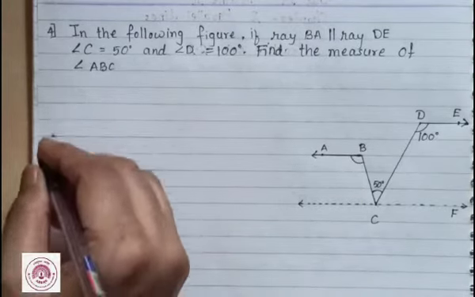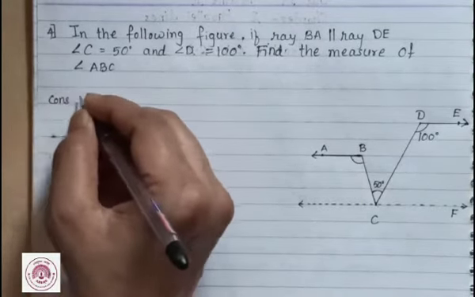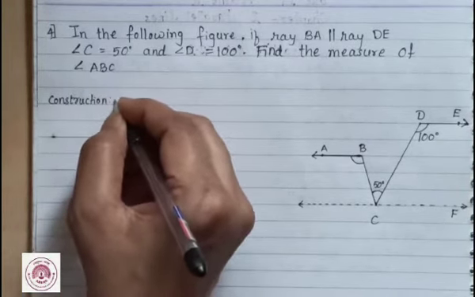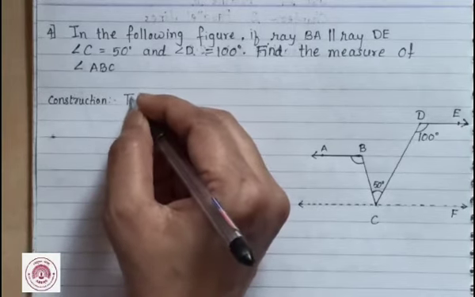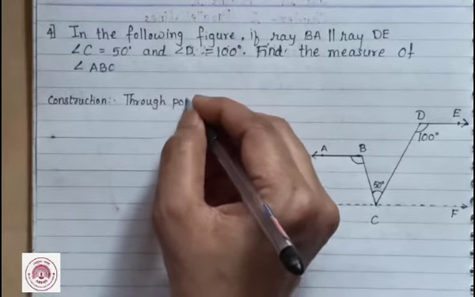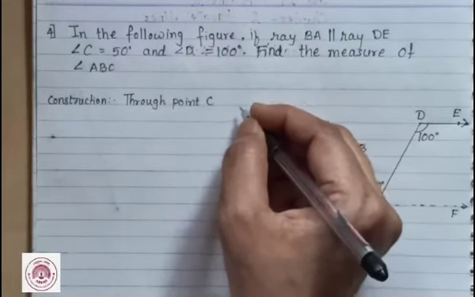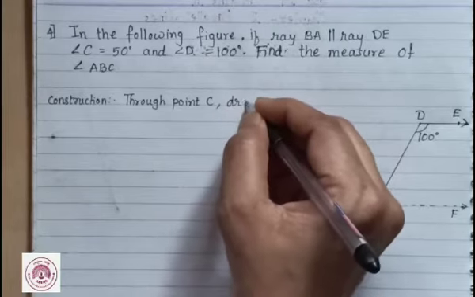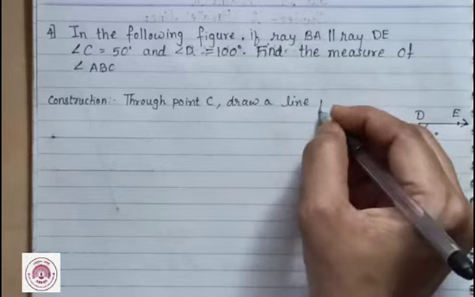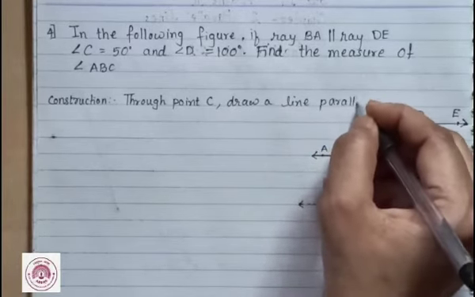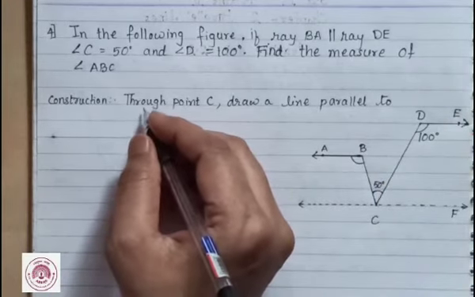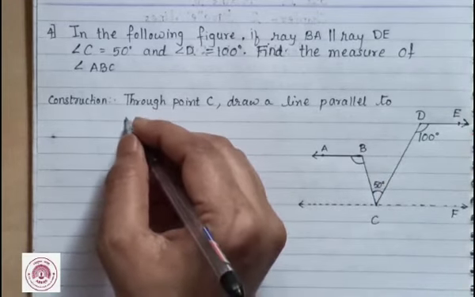So let's write that. Construction: through point C draw a line parallel to line AB.